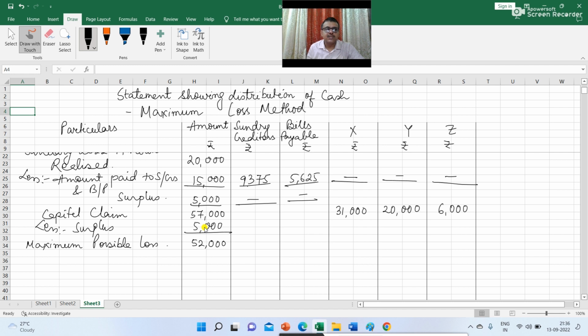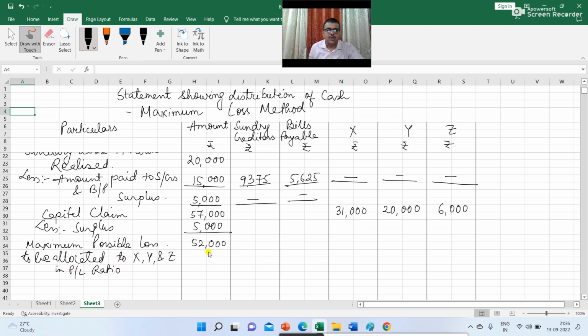The scenario is the maximum possible loss here is 52,000 that has to be allocated to partners X, Y and Z in PL ratio.